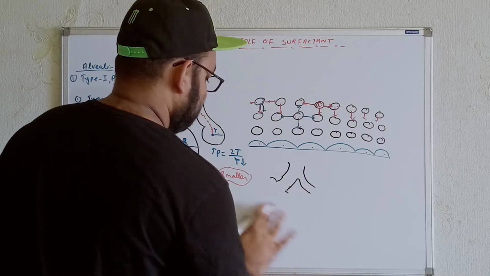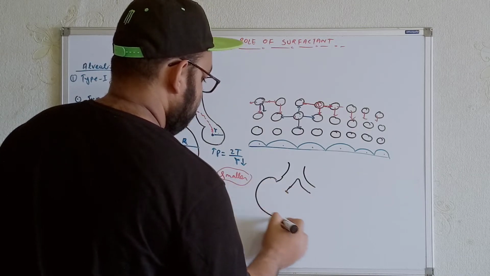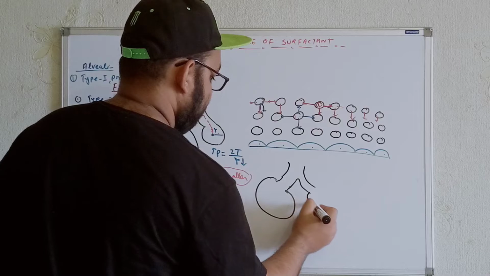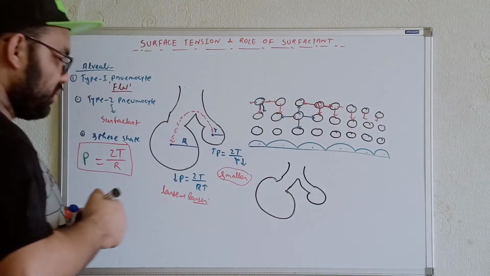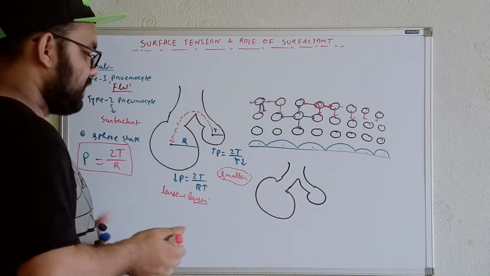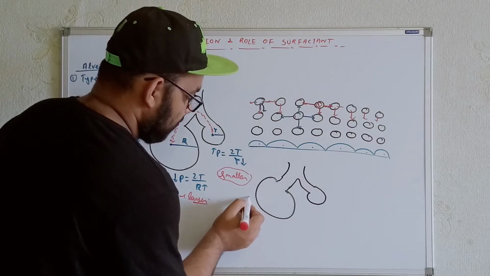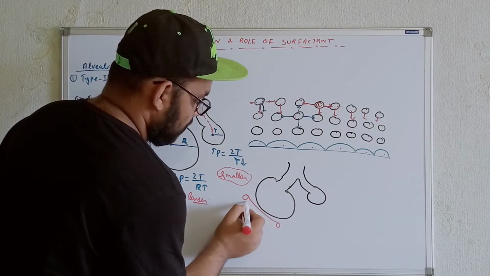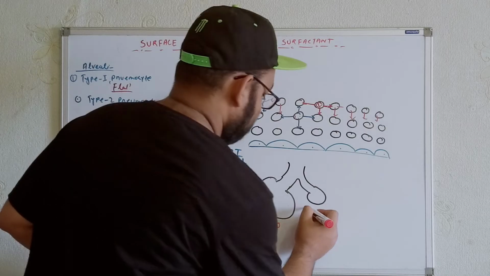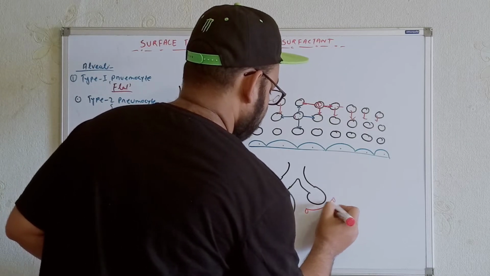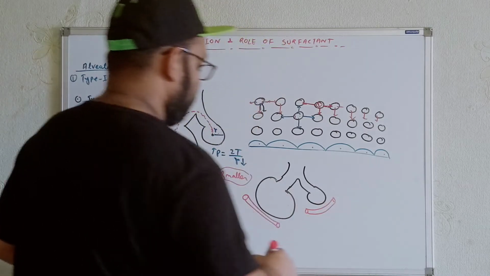Well, let's make it a little bit larger. Okay, now see, as we know there is a presence of blood vessels for ventilation and perfusion. The same way we will get the blood vessels over here. Now see the problem.